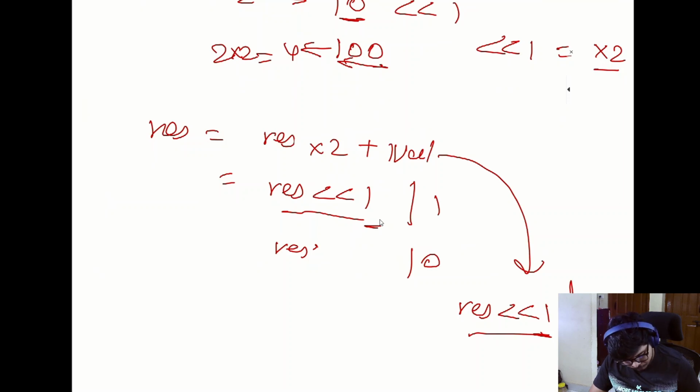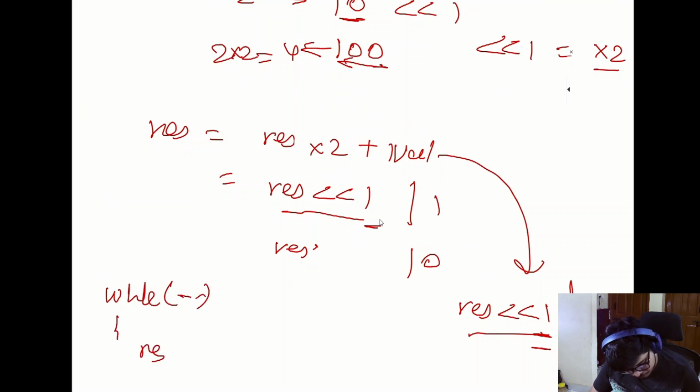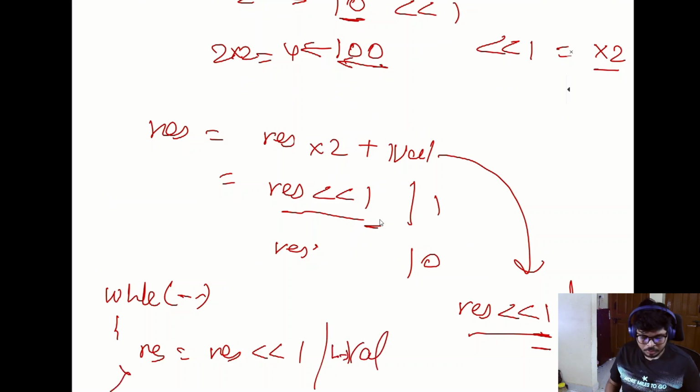If val is 0, then it will become 0. So now our code will get converted into while result is equal to result shifted, or val. So this is our second way to solve the problem.